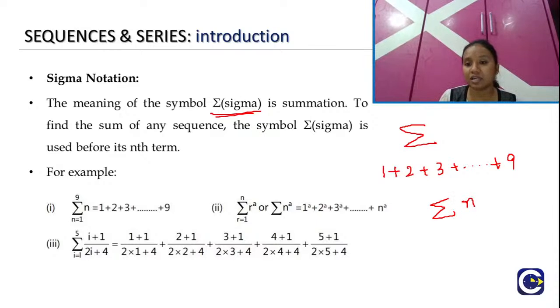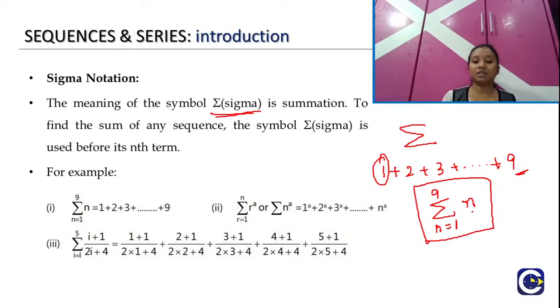Sigma n. So n means these are all natural numbers here, and n starts from 1 and ends with 9. So instead of writing this entire thing of 1 plus 2 plus 3 plus and so on until 9, we can simply represent that as sigma n, where n is from 1 to n, right?